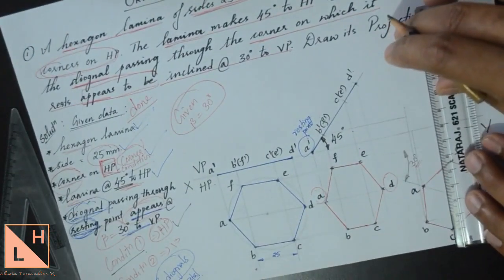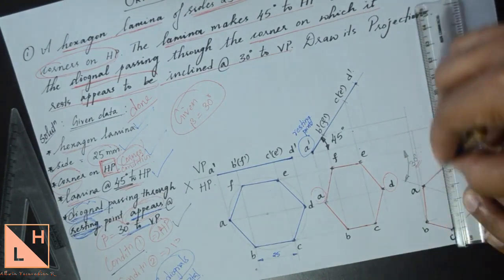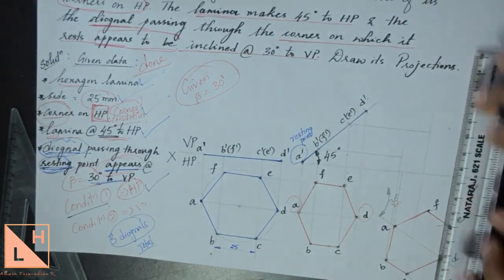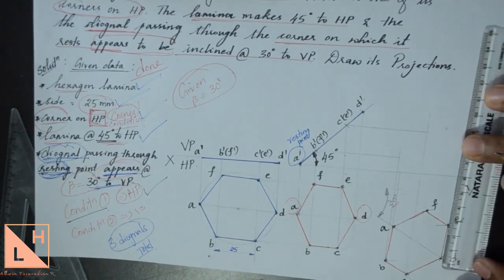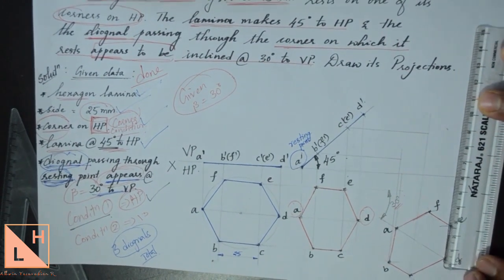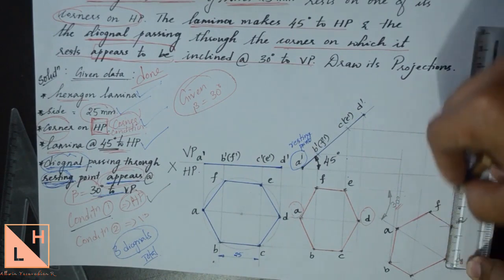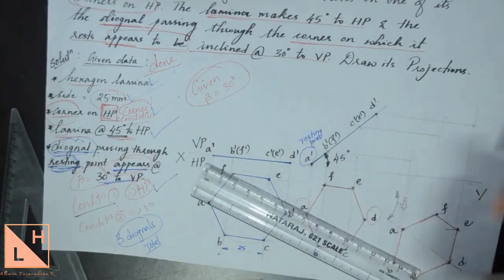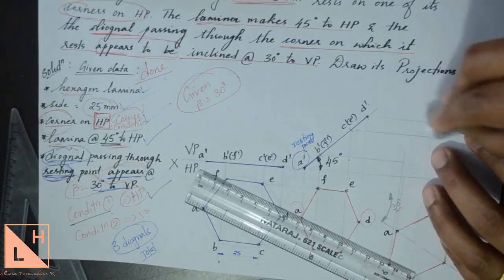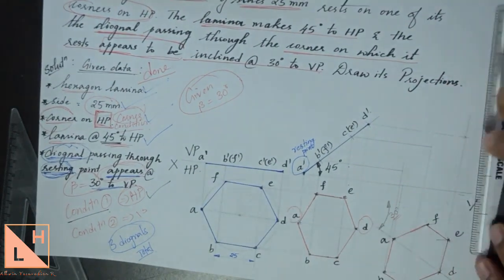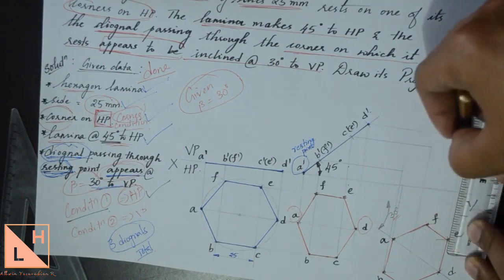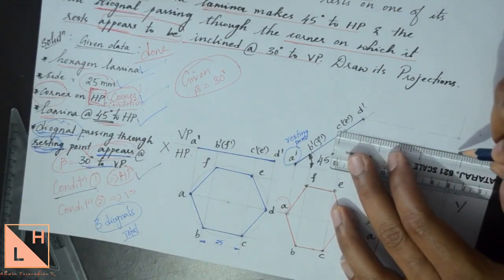Join from C to C dash. Likewise, D to D dash, E to E dash, as well as F to F dash.